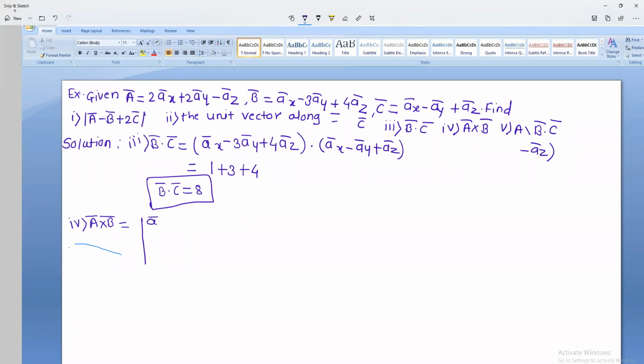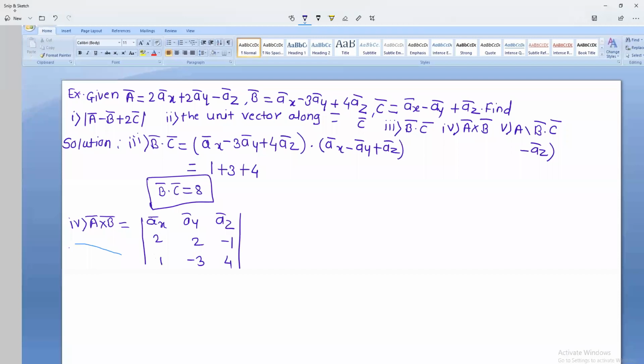That's why we use unit vectors a bar x, a bar y and a bar z, because cross product is a vector quantity. So the coefficients of a bar and b bar are 2, -1 and 1, -3, 4.